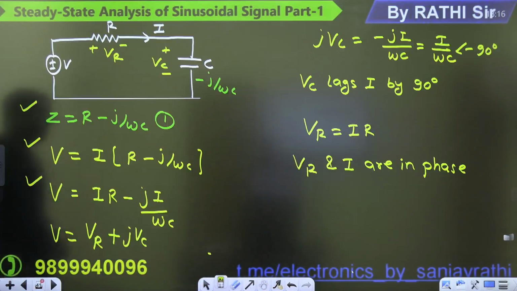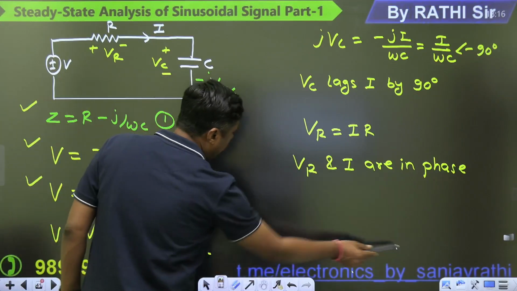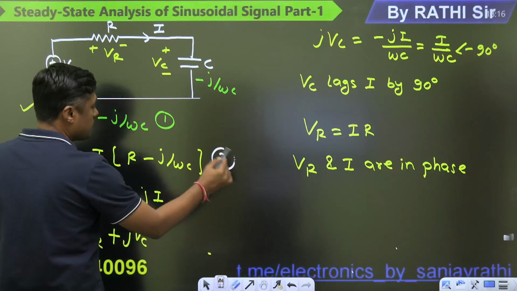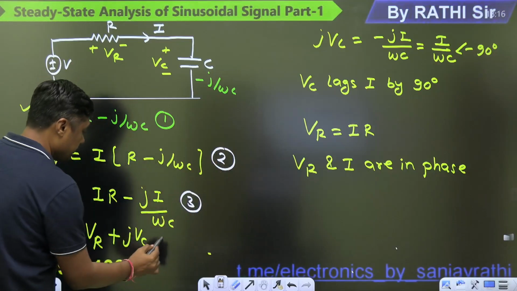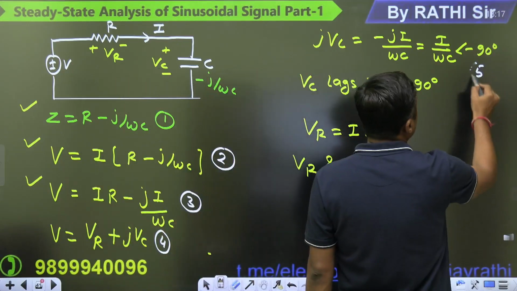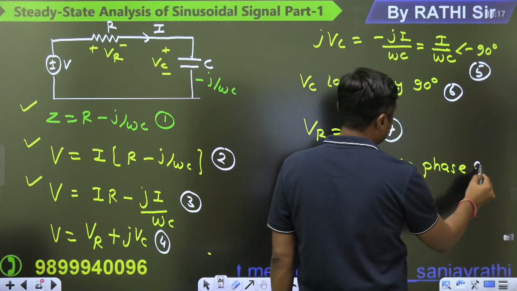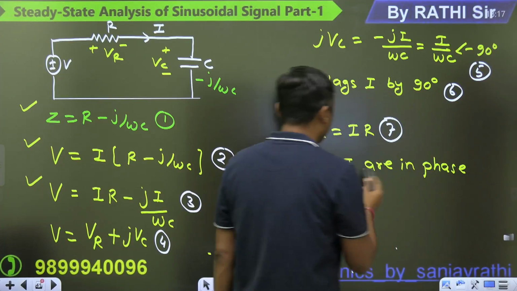Watch it, this is the equation. If you have any doubt, you can write in the comments. 2, 3, 4, this is the fifth one. VR and I are in phase.